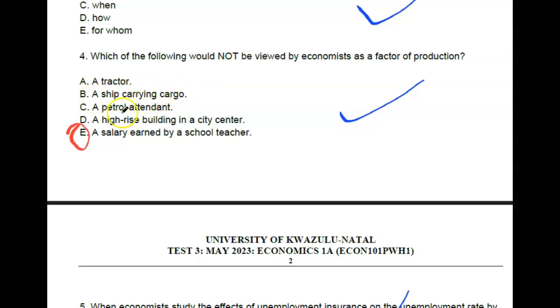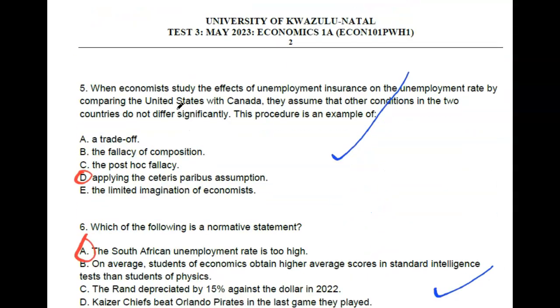Petrol attendant is labor. High-rise building, capital. Now, the reason why it's this answer, it is not. You see, the main concentration over here is salary. That's false. It's just labor. We just want labor. But because we got salary attached to labor, we say no. Because the salary is not a factor of production. It's just a school teacher. So because you have a salary, that's not part of a factor of production.